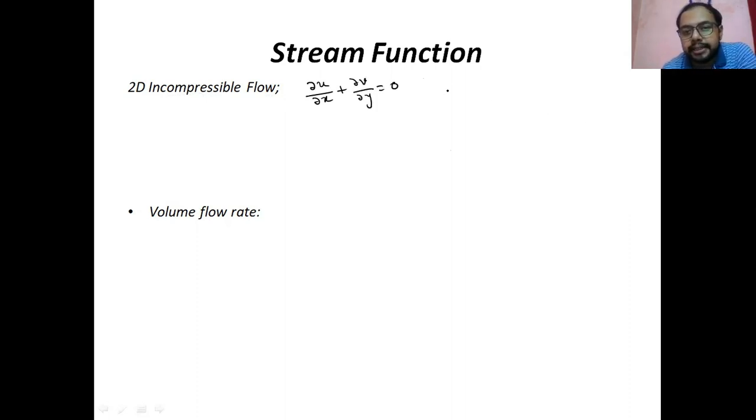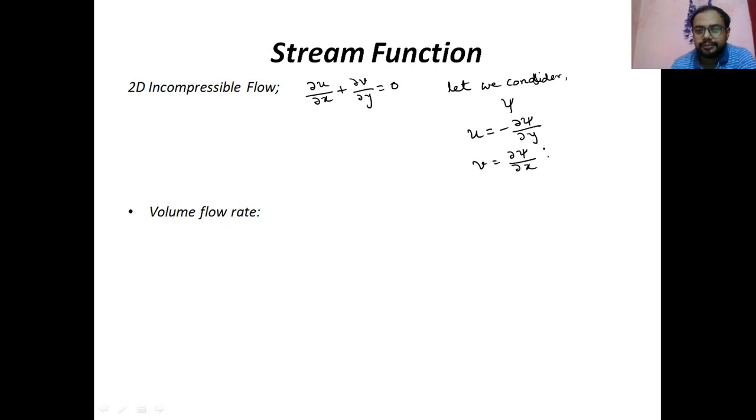Now let me consider one separate function, psi. How can we describe this psi? u is equal to minus del psi/del y and v is equal to del psi/del x.